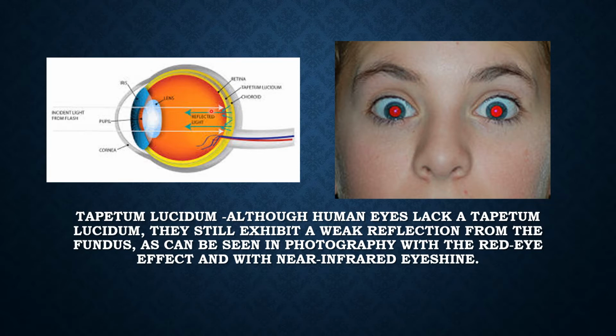And then this reflected light actually passes back through the lens, and then that's how we get a red eye effect. The tapetum lucidum is usually found in nocturnal animals and gives them some sort of night vision properties.